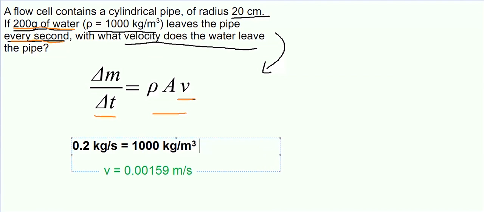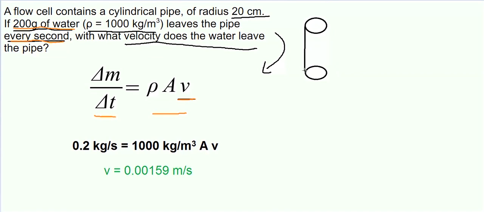Now here, we have one final step. We need to figure out what the cross-sectional area of this thing is. The idea here is we have a cylindrical pipe. When you're dealing with a cylinder, the cross-section of it, so if you have a cylinder here, we'll draw one real quick.